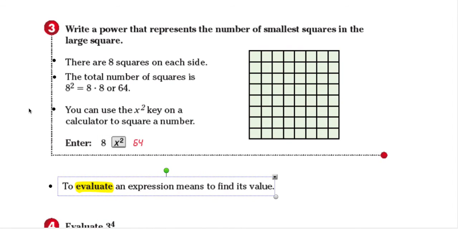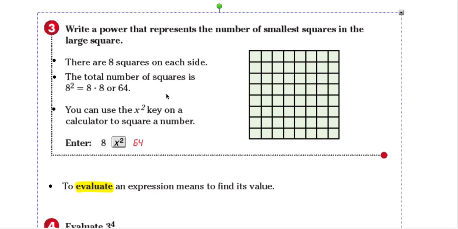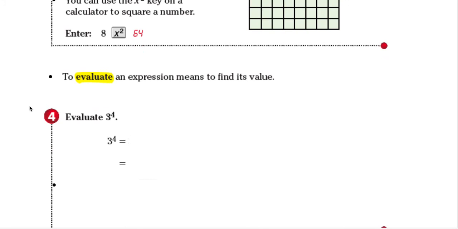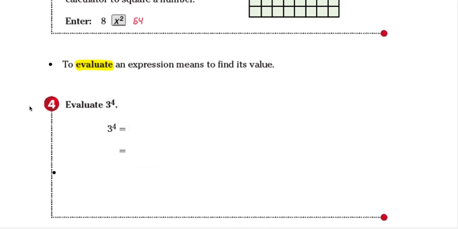Okay, the word that always comes up, ever since 6th grade, is this: evaluate. So when you talk about the word evaluate, to evaluate an expression means to find its value. Again, it also means two things: substitute, and secondly, simplify.